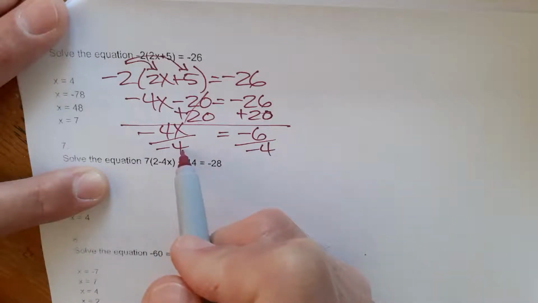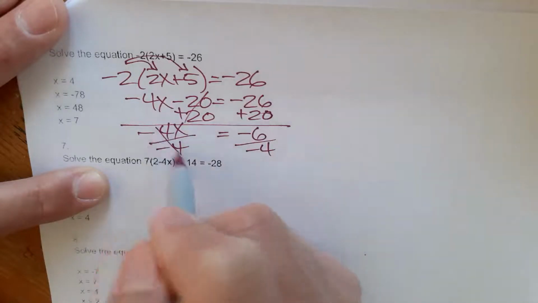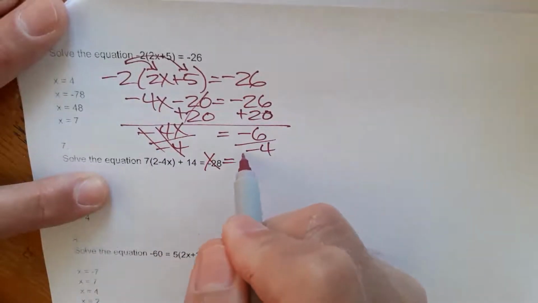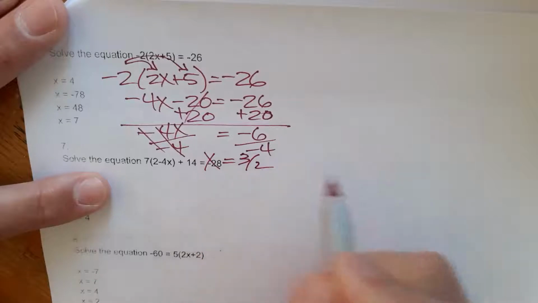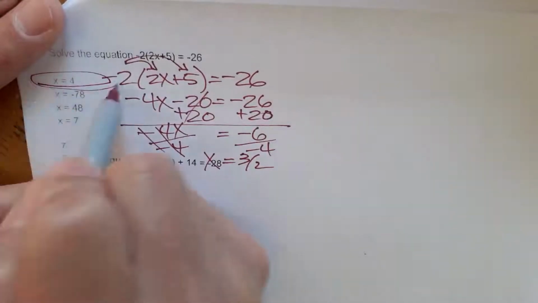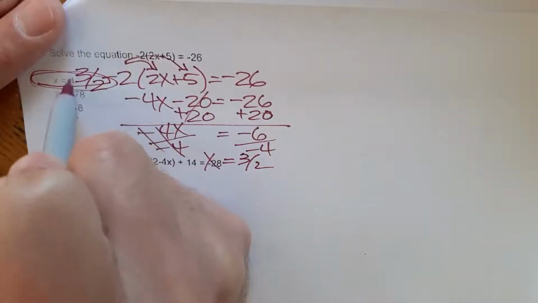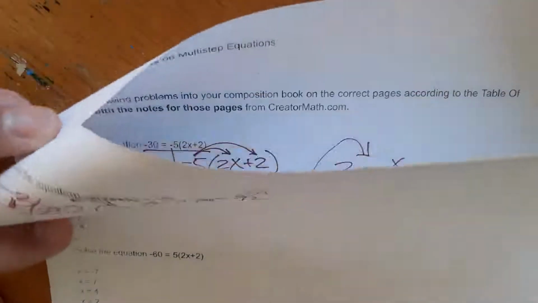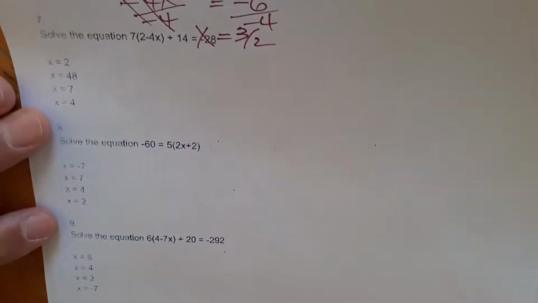Divide both sides by negative 4. It's giving me a fraction, probably not what I intended when I wrote it. So 6 over 4 equals 3 over 2. 3 halves. Well, let's circle this one, and I'm going to make it 3 halves, you guys. Okay? So when you get there, it'll be 3 halves. Not sure what went wrong there, but it still works.